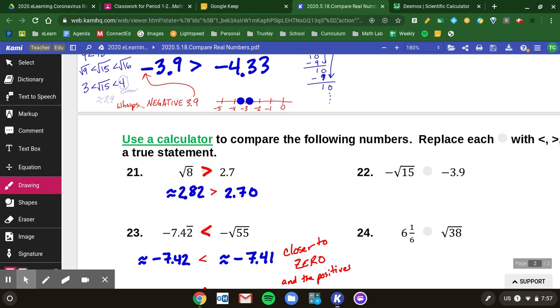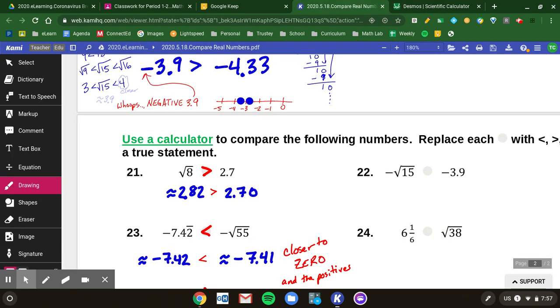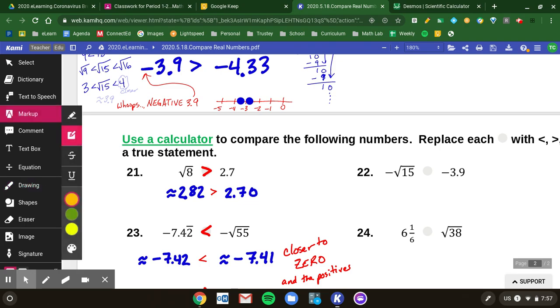Go to my trusty calculator again. We're going to type in square root of 55. And we see here 7.41, and so on. Again, it's going to be the opposite, so I'm going to write negative 7.41. Oh, well, these numbers are really close. However, because this one has a 2 and this one has a 1, that one is going to be closer to 0.